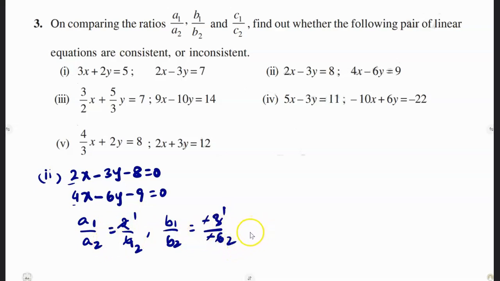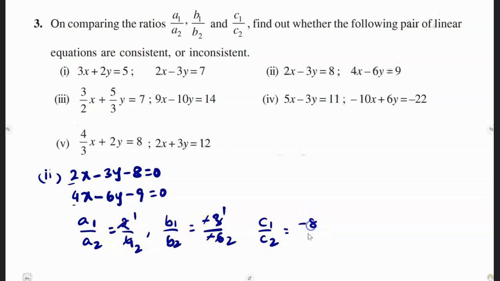So we need to find c1 by c2 also. If they are not equal, there is no need to find c1 by c2. If they are equal, definitely you need to go with c1 by c2 also, because if only these two are equal and this is not equal, then we can say the equations are inconsistent. But if they are all equal, it may be consistent. So we always need to find c1 by c2 when a1 by a2 and b1 by b2 are equal.